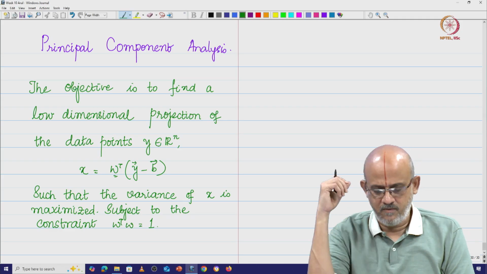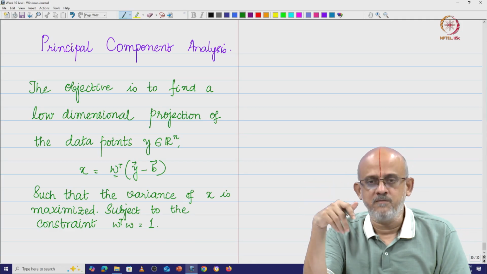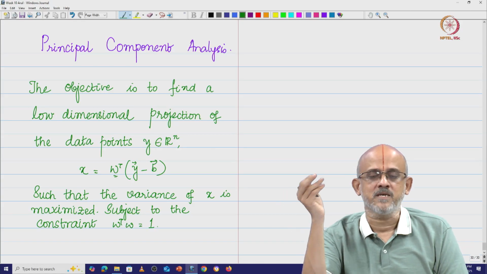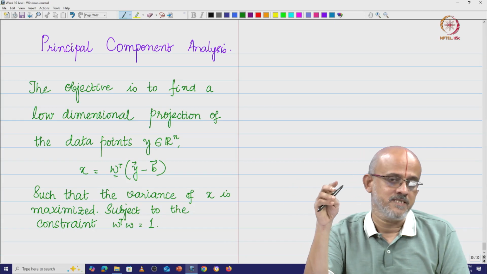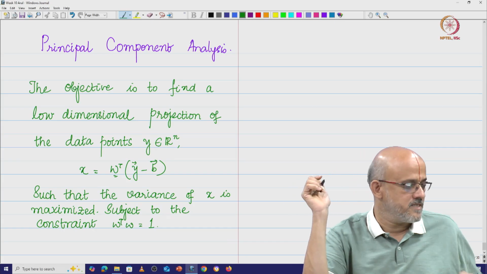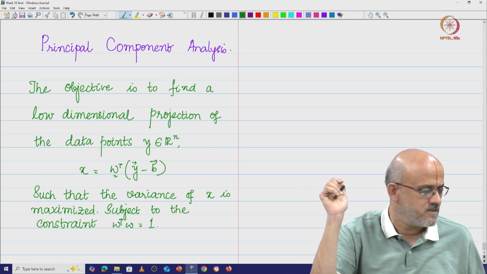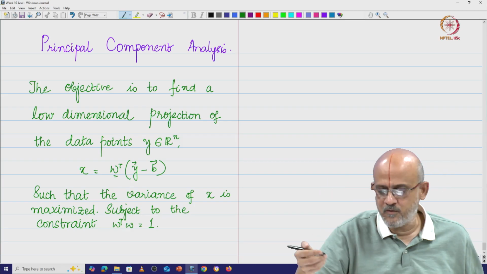Basically, what are we trying to do? You have a data vector and you try to project this data vector onto some direction. You need to find that direction along which the variance is maximized, right. So, let us look at how we go about doing this.